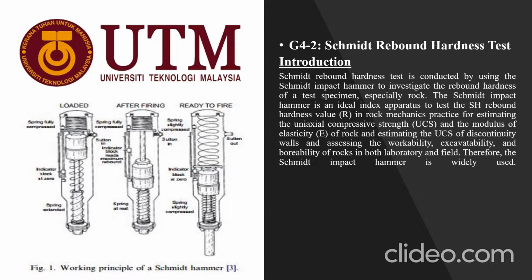Now we move on to the introduction of Schmidt Rebound Hardness Test. Schmidt Rebound Hardness Test is conducted by using the Schmidt impact hammer to investigate the rebound hardness of a test specimen, especially rock.